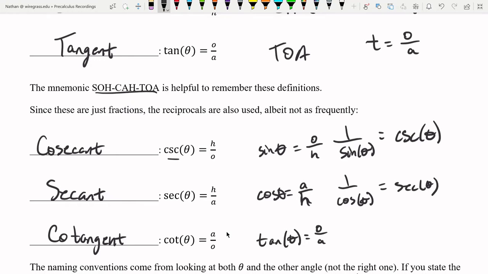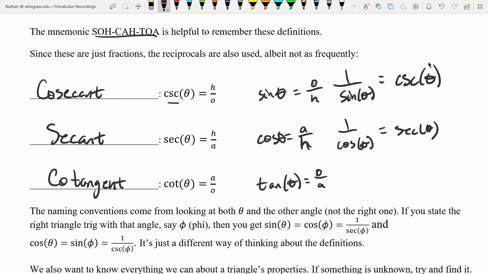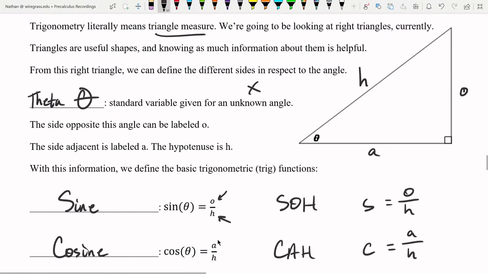So tangent and cotangent are fairly obvious because they're tangent and cotangent. The reason why sine goes with cosecant and cosine goes with secant is just based on a naming convention. If you label the other angle phi, which is another Greek letter, and you look at the trigonometry on theta and phi, you're going to see there's a lot of similarities between them.